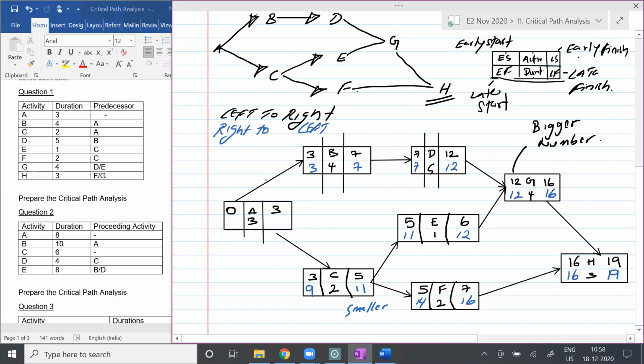You should always go with what, students? The smaller number, which is 3. So 3 minus 3 is ultimately how much? 0. Here also it's 0, and here also it's 19, 19. Yes or no, students? Agree or not agree?